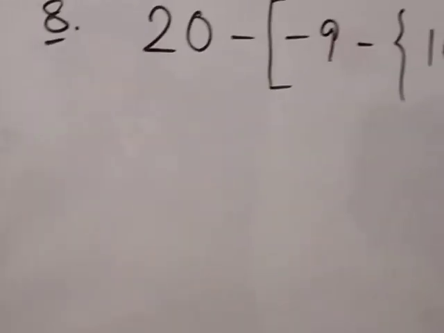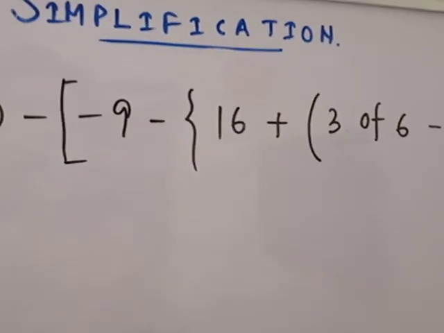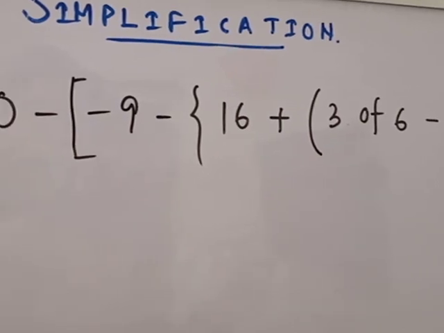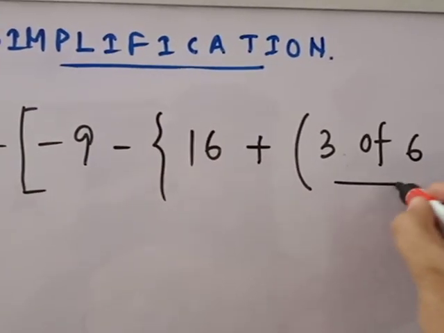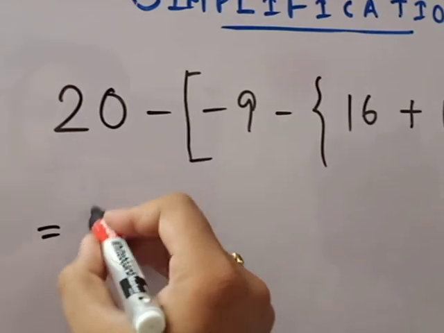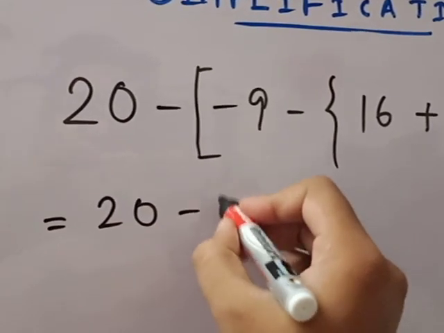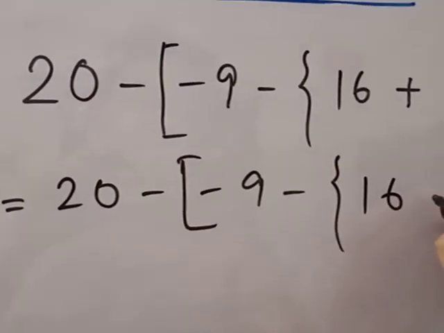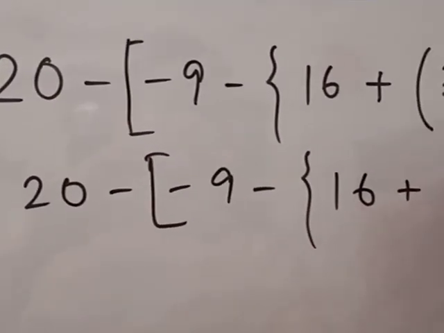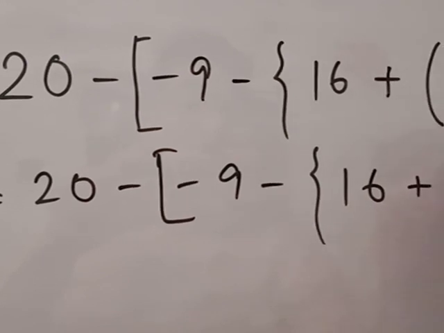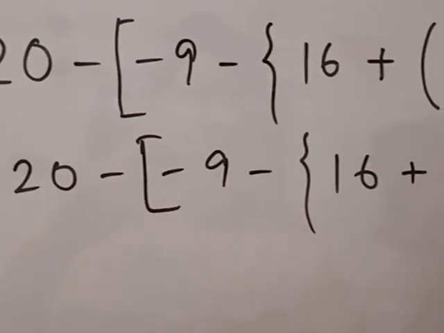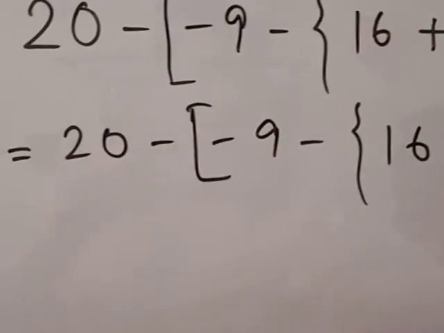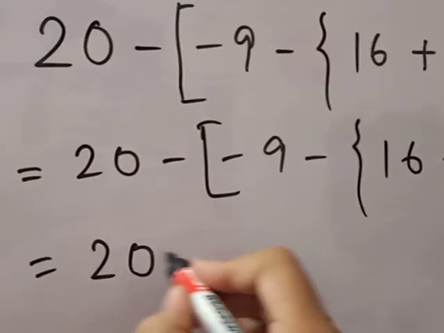As we know the rule of Bodmas, firstly you have to do the bracket, then of. So firstly we are doing the of work.